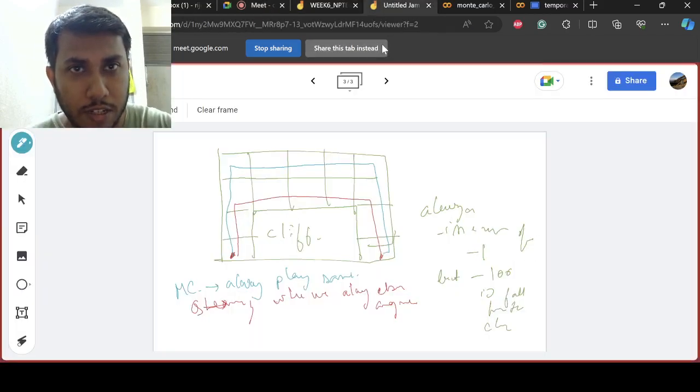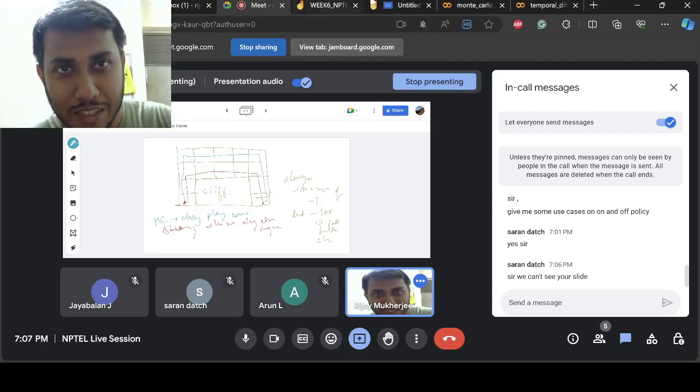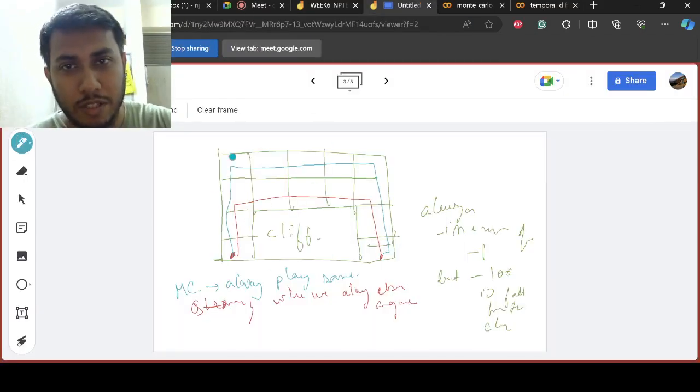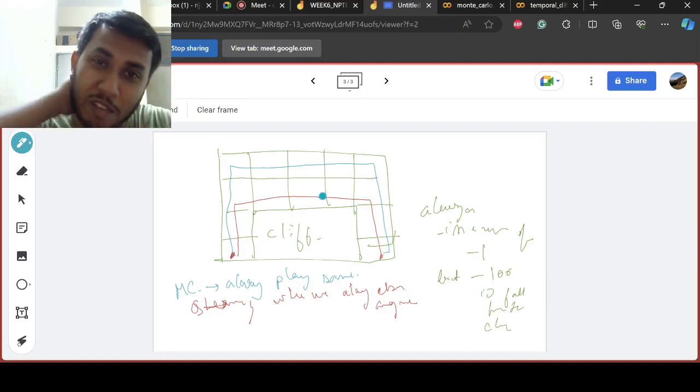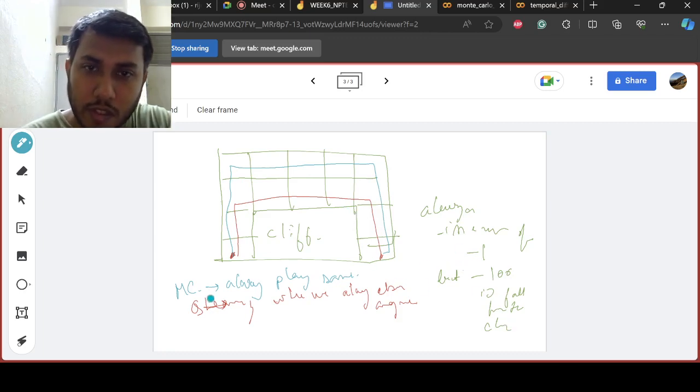Sorry, I haven't shared it. So this was the problem, the cliff walking problem. You are given a minus 1 reward for every step you take, and minus 100 in case you fall, right? What you saw in the case of Q learning is that it will always choose the shortest path.